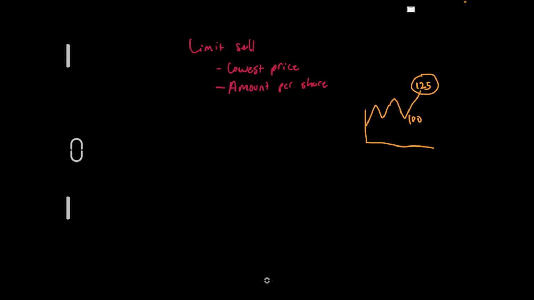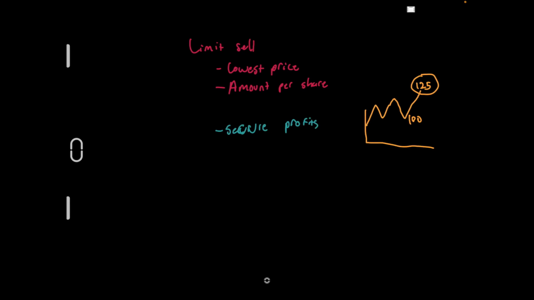So normally investors would use this type of sell to secure profits. Right, so you could use a limit sell at a certain price so that you can secure your profits at that price in case the stock drops back down.